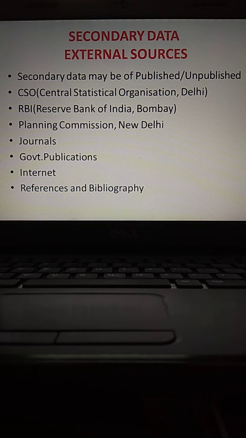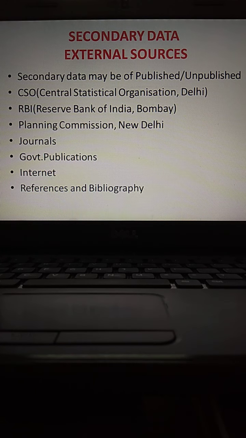What do you know about bibliography? Bibliography is nothing but listing out all the books according to a research problem. Let us suppose that in marketing research you want to understand consumer behavior. Regarding consumer behavior, any established books and texts that are available, if you mention them in a particular order, that becomes a bibliography.